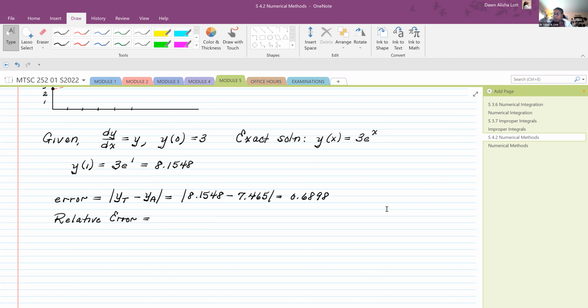Okay, well, almost. It's the other way around. You would take the 0.6898 and divide it by the true value, which is 8.1548. And then you'd multiply it by 100. So when I divide that by 8.1548 and multiply by 100, I get about 8.5%.